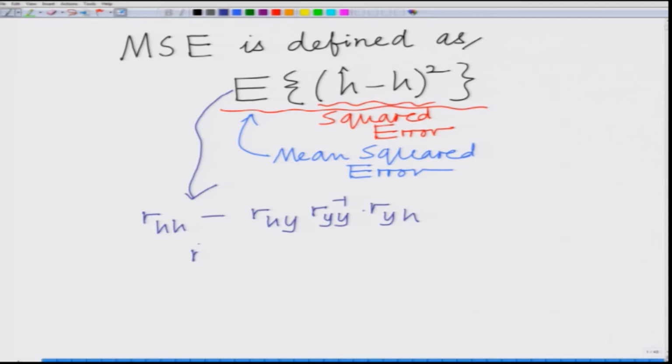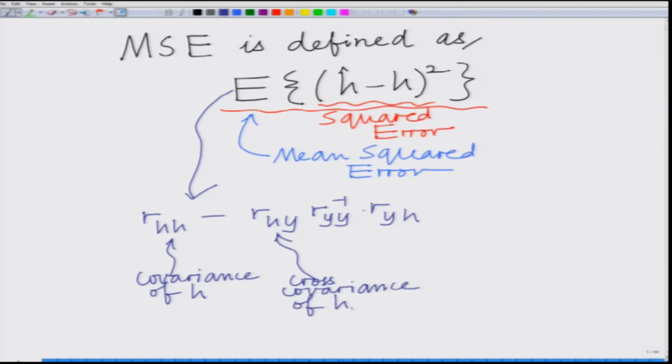For instance, R_HH is the covariance of H, R_HY is the cross covariance of H comma Y, and R_YY is the covariance of Y, or covariance matrix, depending on whether Y is a vector or a single scalar quantity.